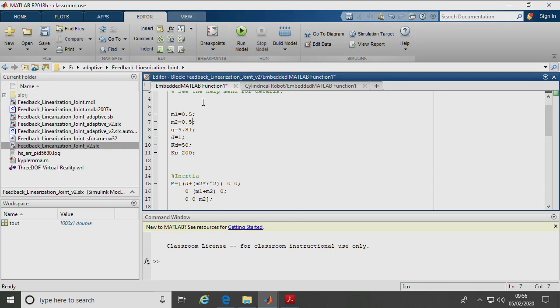Sorry? Overshooting is a possibility, yes, that is a good idea. I just run it. Let's have a look at what happens.